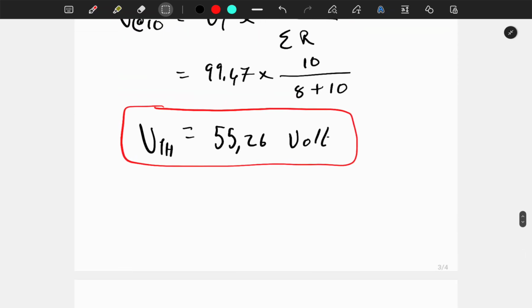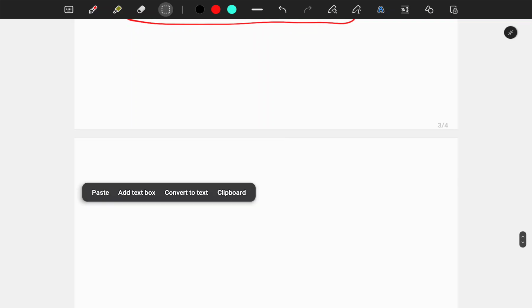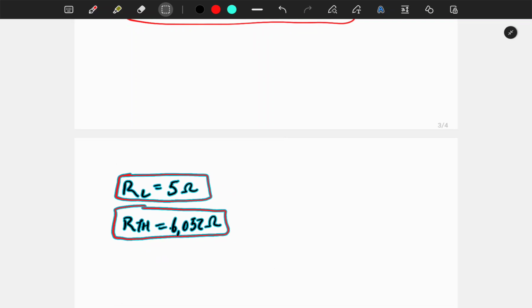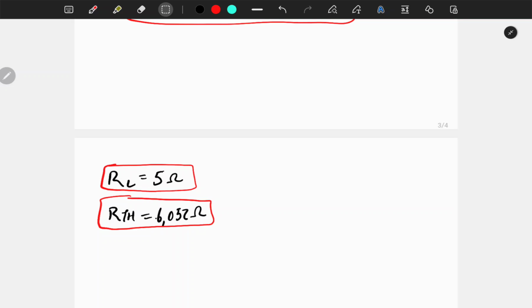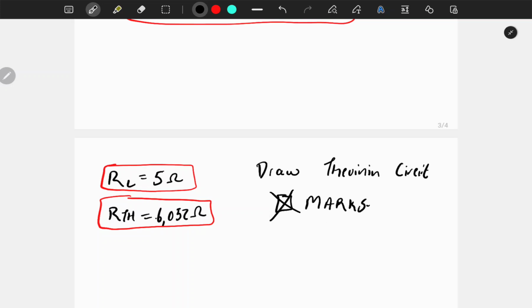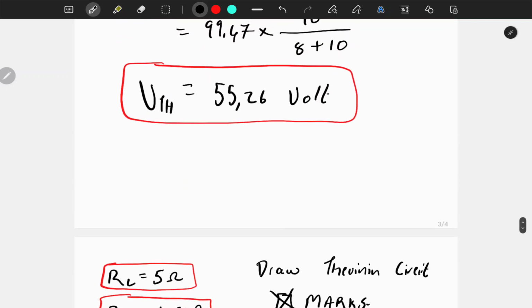So to get the marks that you deserve for the chapter, you need to draw the Thevenin circuit. So if you do not draw this, you will not get the marks. So you need to draw the Thevenin circuit.